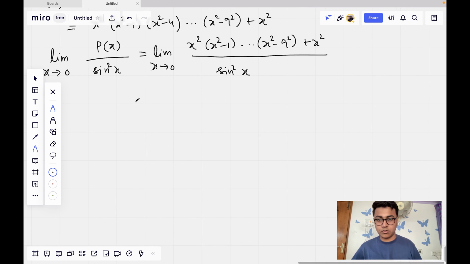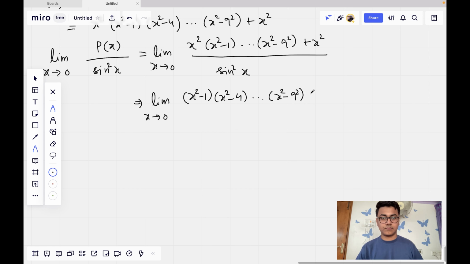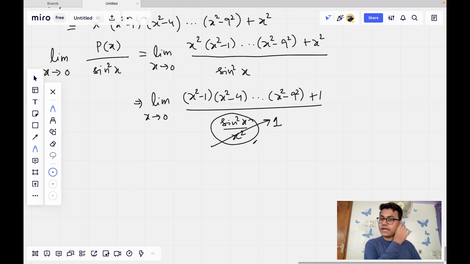We just bring the x squared down. Since x is non-zero, we can do that. Squared minus 1, and we will use the very well-known limit that x squared over sine squared x goes to 1 as x tends to 0.